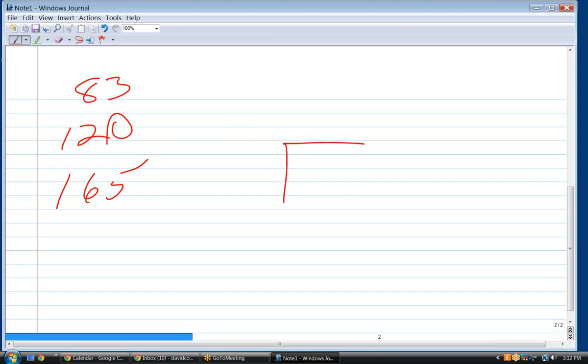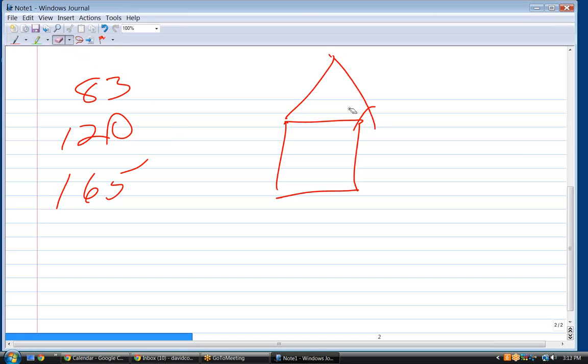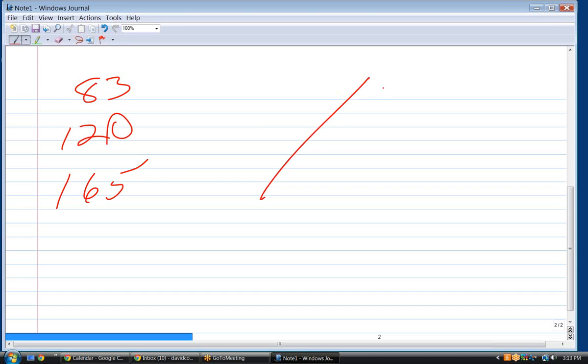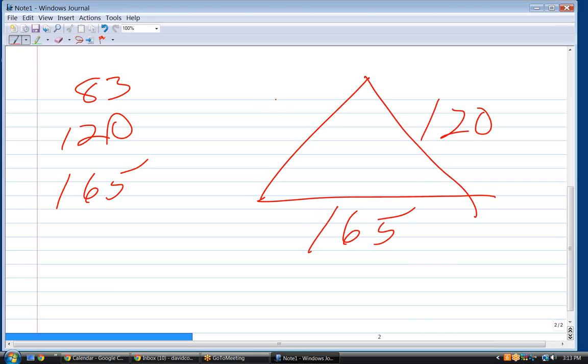We're talking about a triangle like this. I'm not sure. What kind of solid triangle are we talking about? No, it's a field with a triangular shape with sides 83, 120, and 165. So it's just a triangle. Okay.